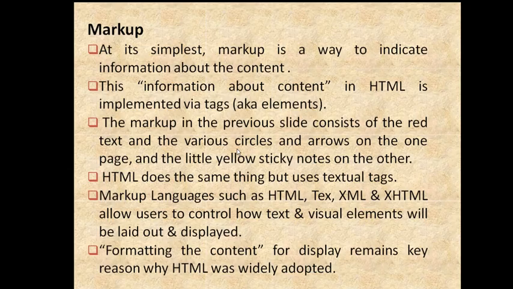HTML will make use of elements, which are textual tags. What they're saying is HTML does the same thing, but uses textual tags. We are not going to use images, yellow sticky notes, red lines and all. We'll use textual tags, and these tags will tell us that it has to be a heading or a subheading, and tags are nothing but elements.